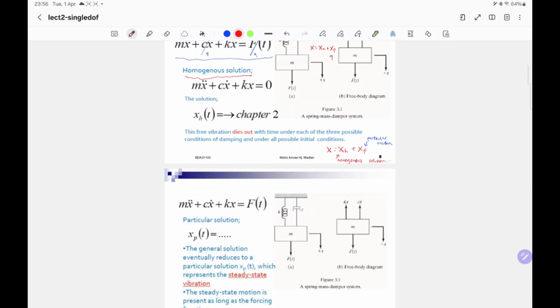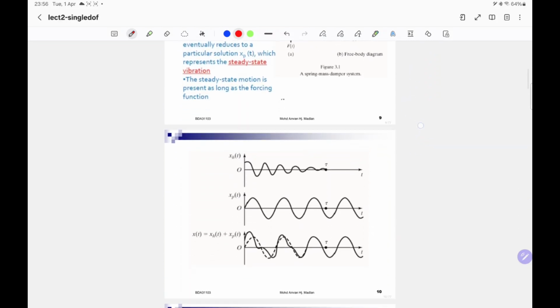Alright, so if we see the response, this is the response for the homogeneous solution. You can see that over time the vibration dies out and becomes zero. But for the particular solution, you can see that it remains consistent. The amplitude of the response remains consistent over time.